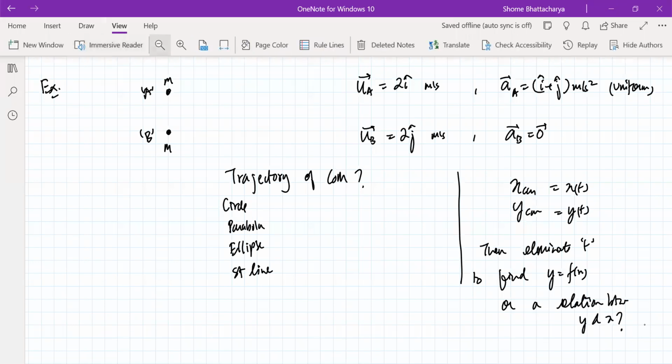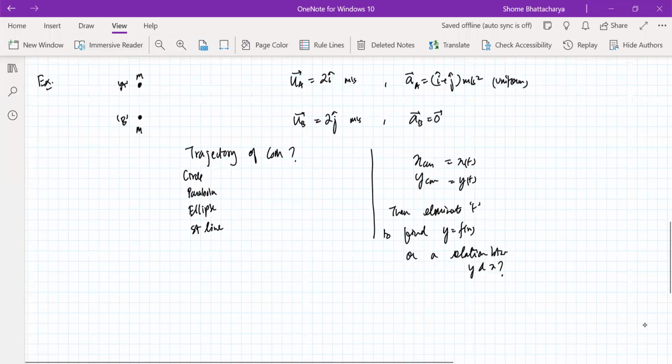Now you can understand what kind of path particle A has. What kind of trajectory will particle A have? Uniform acceleration, right? And what about the initial velocity? Is it collinear with the acceleration? No, non-collinear. So what kind of path will it have? Parabolic path. You have seen the example of this, no?